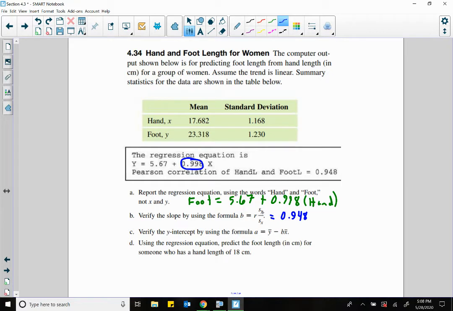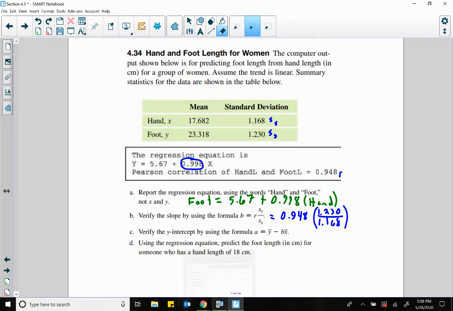This is the standard deviation of the Y value, 1.230, over standard deviation of the X. That's 1.168. All we have to do is multiply these in the calculator and see that that's what comes out. So this was the R, this was your SX, this was your SY. They're just seeing if you can interpret and read information.